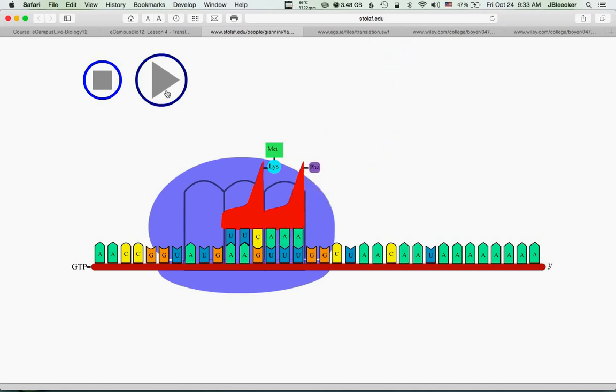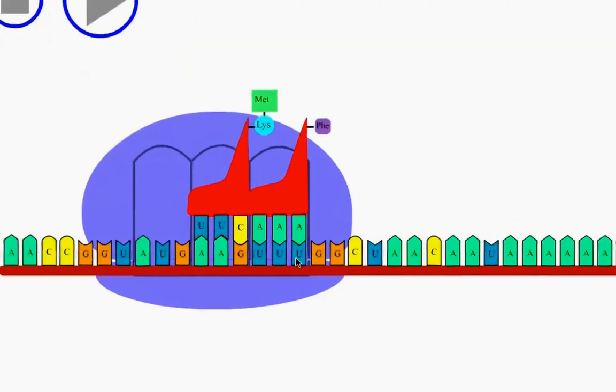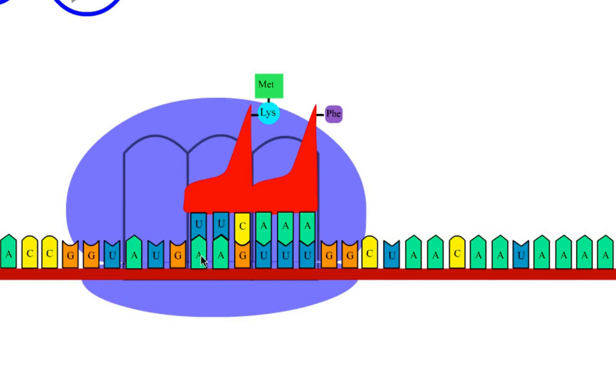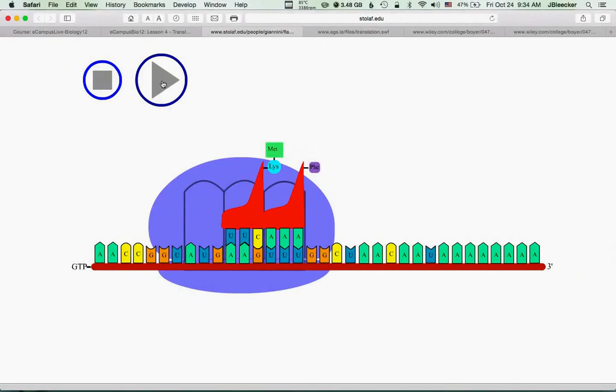And in comes the next code. So this will be for phenylalanine. And I'll show you in just a moment how you can predict what amino acid is coming in. But for now, suffice it to say, let's just look at the stamping process. This becomes the P site where the peptide's growing, and this becomes the active site where the arrival happens.